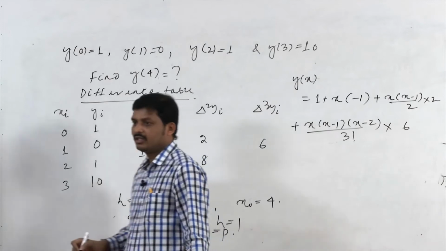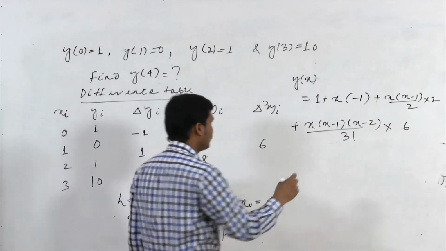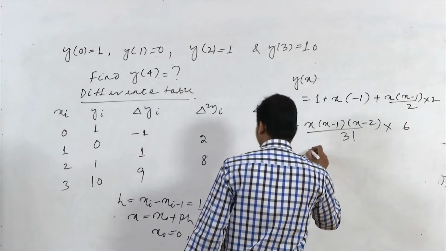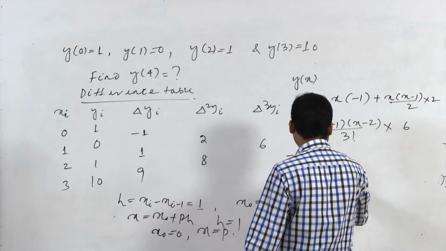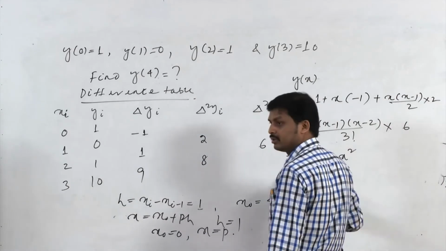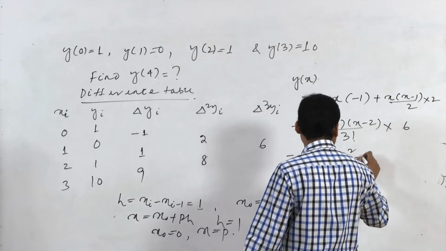Which can be expressed as x to the power 3 minus 2x square plus 1, which is a polynomial.